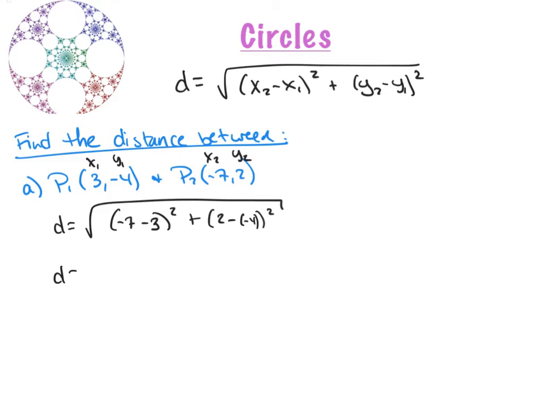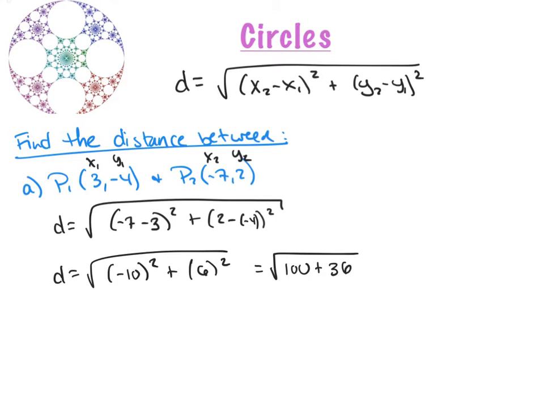So when we perform that subtraction, negative 7 minus 3 is negative 10. 2 minus negative 4 is 6. And we have 100 plus 36.